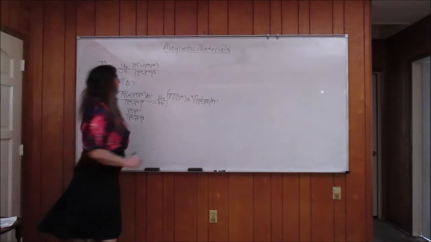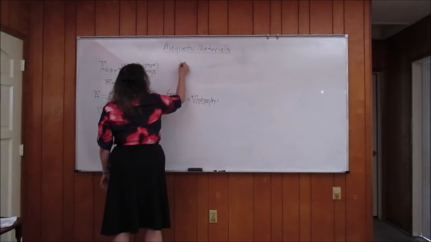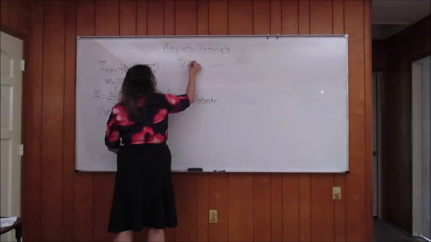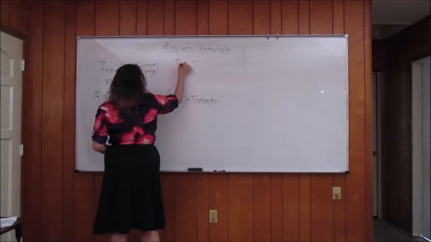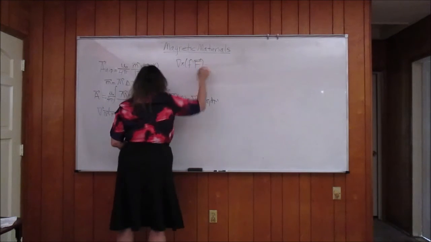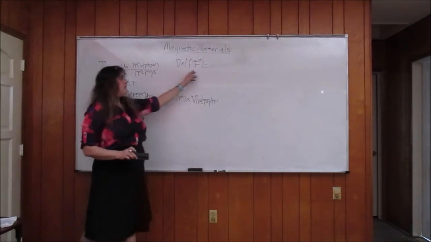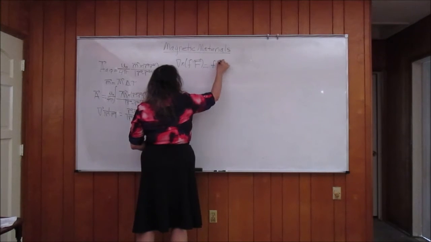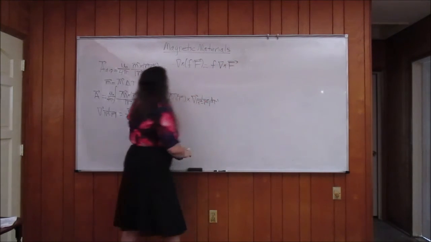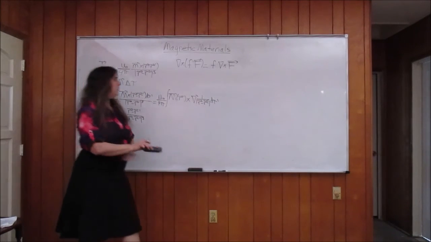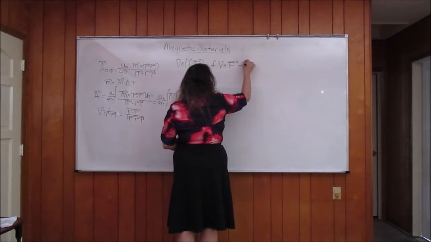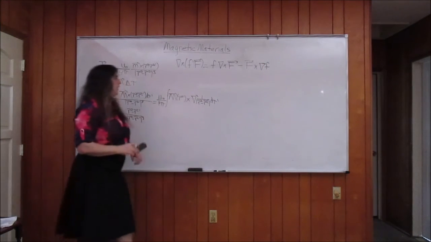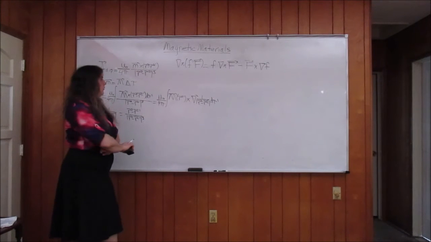I'm going to make use of another vector operator identity, and that is to say, if you take the curl of the product of a scalar and a vector, that is equal to the scalar times the curl of the vector minus the vector crossed into the gradient of the scalar.